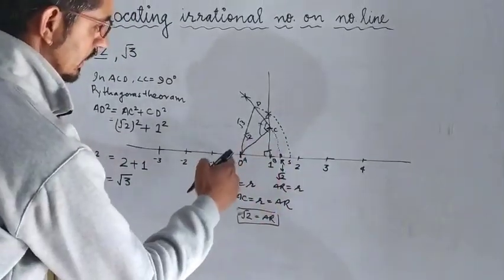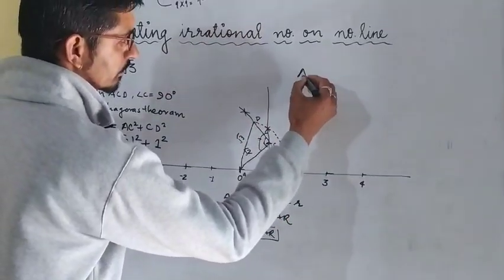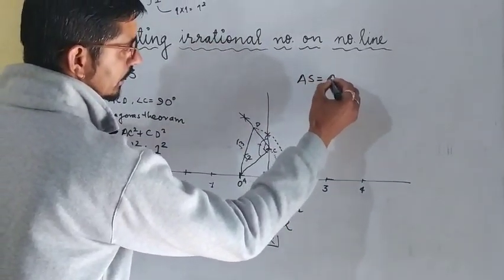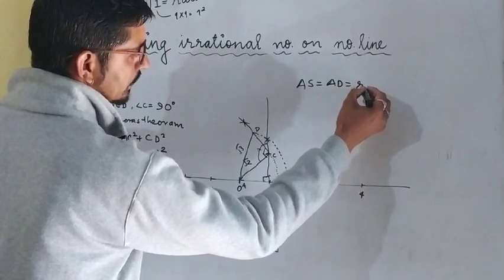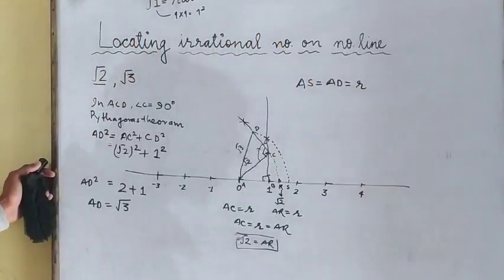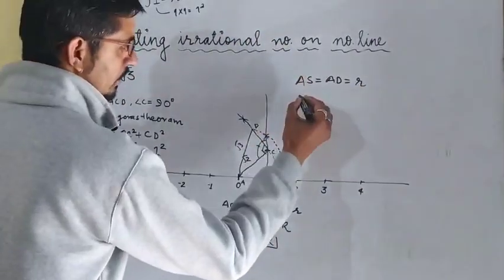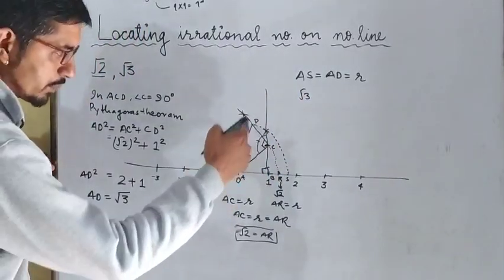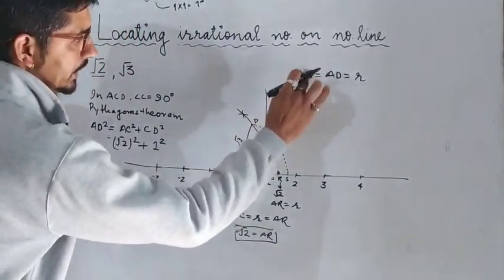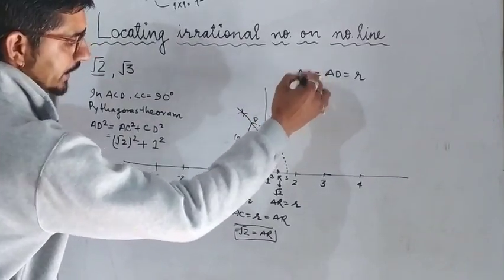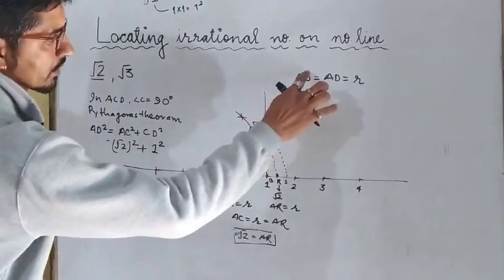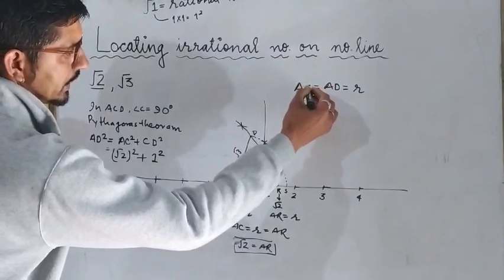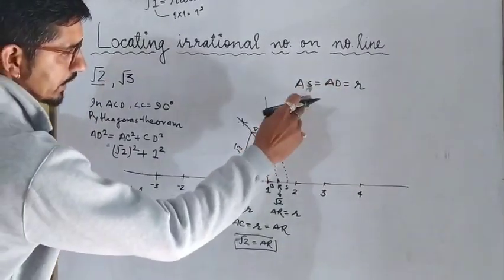So AS is equal to AD because both are the radius of a circle. We have already proved that AD is equal to root 3. So AS equal to AD equal to root 3.